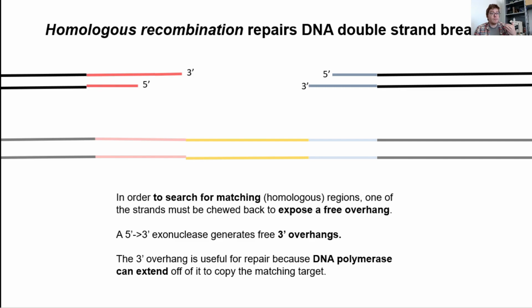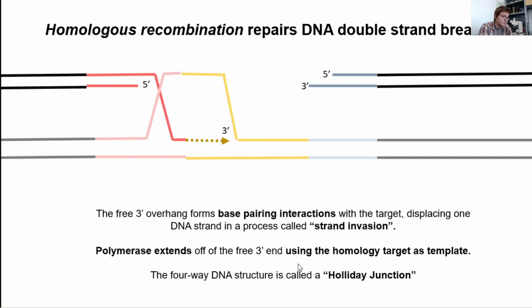But the reason that a 3' overhang is particularly useful for repair is because once the base pairing with the other chromosome is found, you've got a 3' OH at the end, right? And that means that the DNA polymerase can start extending off of it to copy the matching target and basically fill in the information. And so that's why it's really critical for this particular repair pathway to generate these free 3' overhangs.